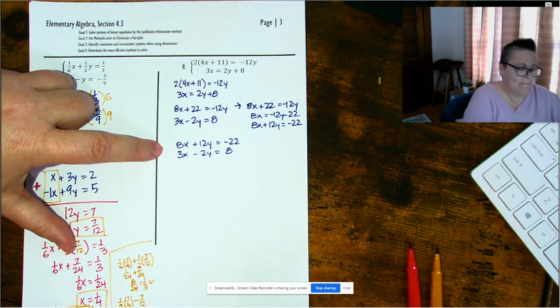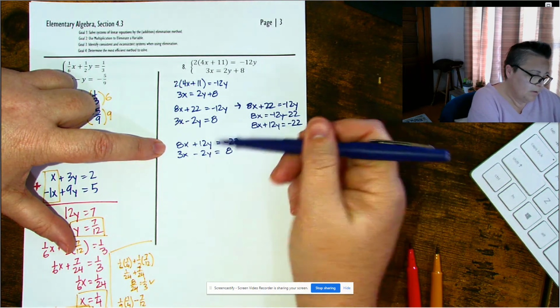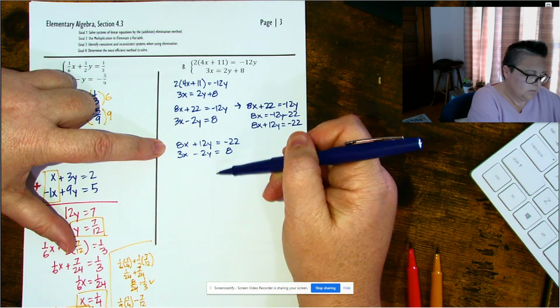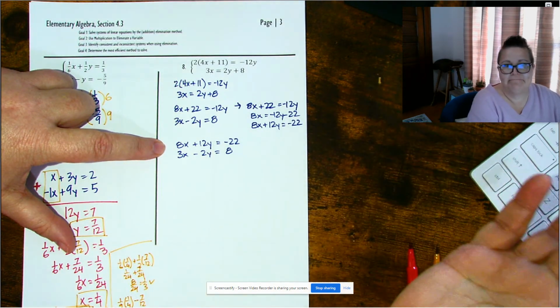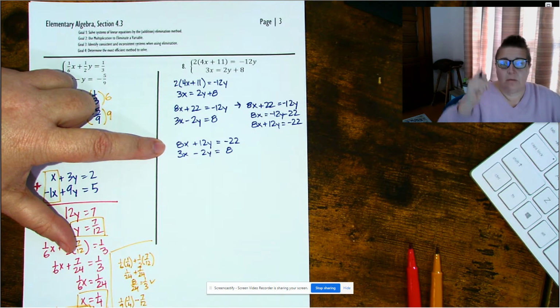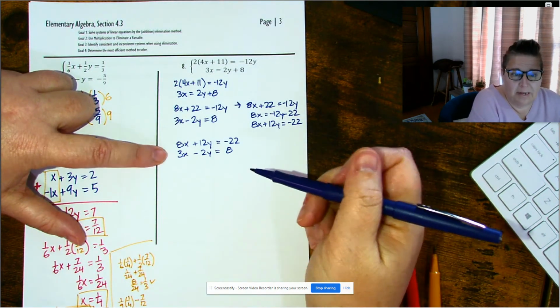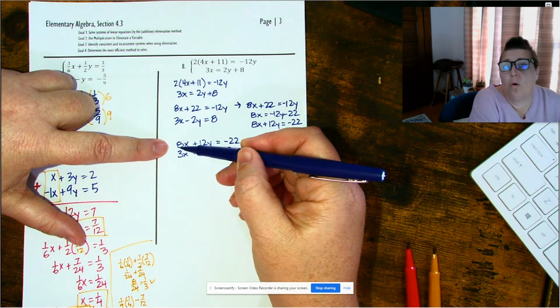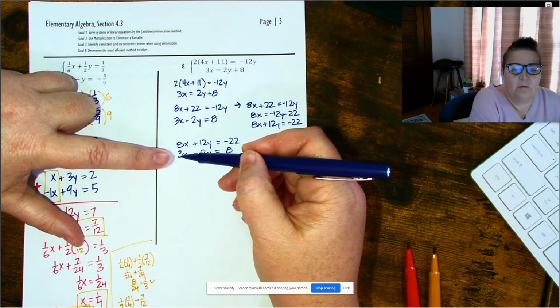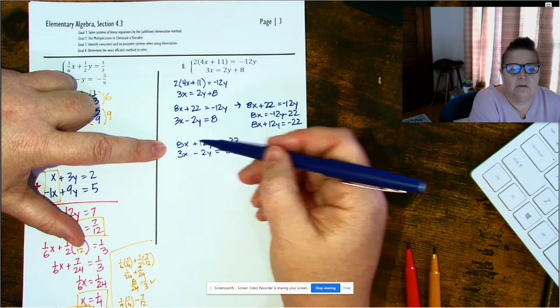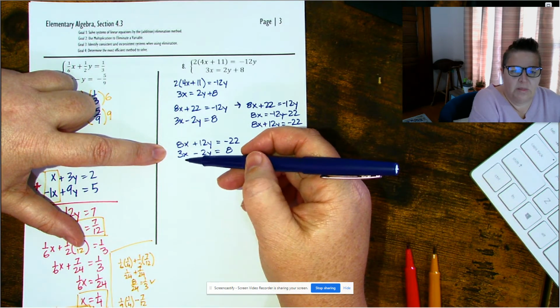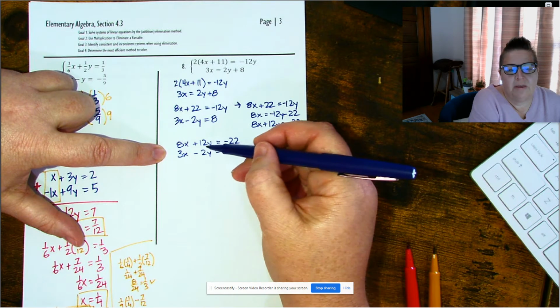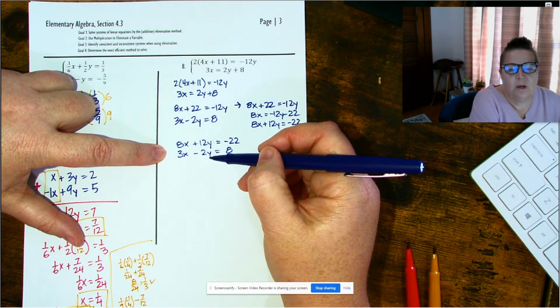Okay. Now my x's are lined up, my y's are lined up, my equals are lined up. Standard form, ax plus by equals c. Now, for the 3 and the x, there's no whole number I can multiply 8 by to get 3 or 3 by to get 8. So I probably am not going to mess with the x's. Here I have a positive 12y and a negative 2y.